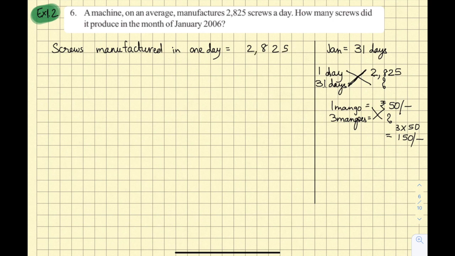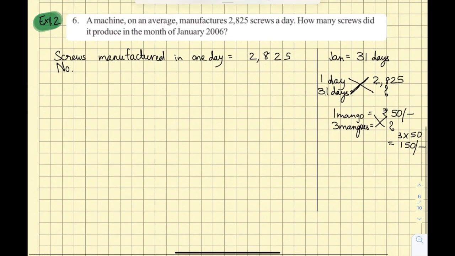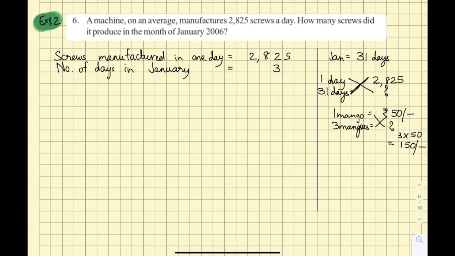So now screws, number of days in January. Number of days, we all know how many days are there in all the 12 months of the year. Accordingly, we just solve. And then they are asking how many screws did it produce in the month of January. So for screws we write produced or manufactured, both are the same.